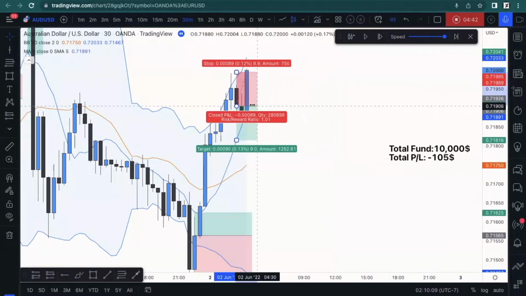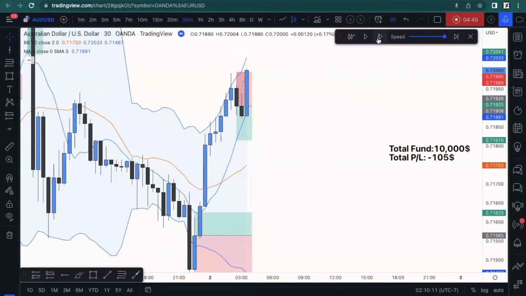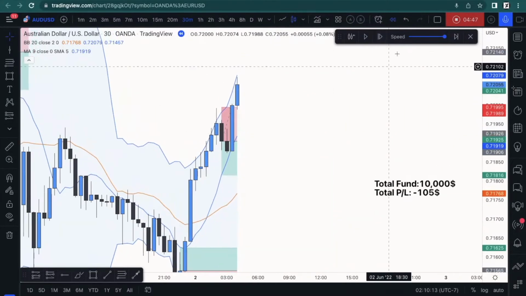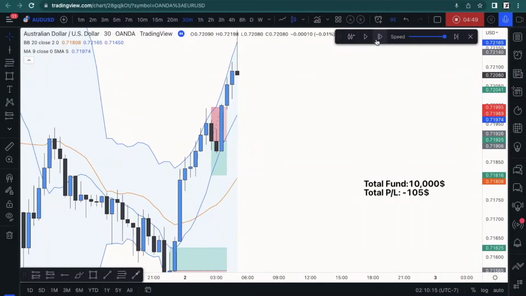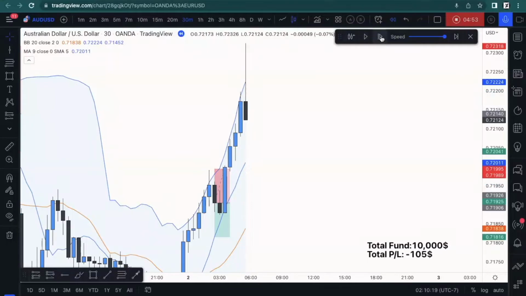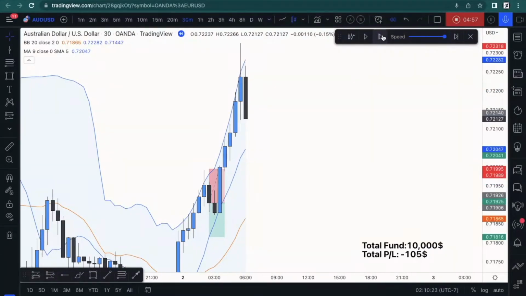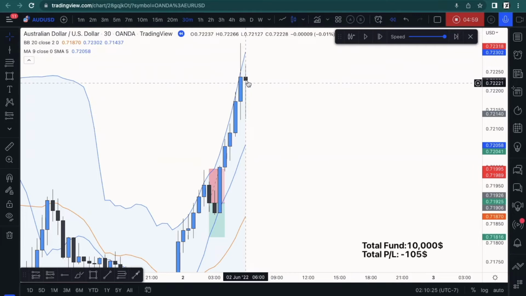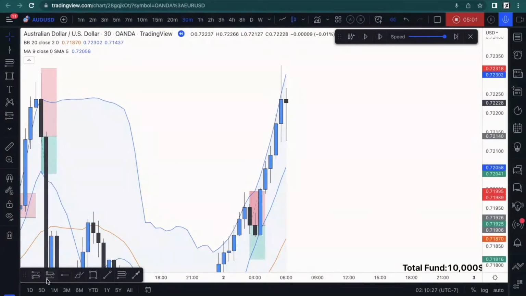Okay, all right, let's keep on backtesting. All right, price does range. Okay, we can clearly see price is ranging outside the Bollinger Band, and it closed inside it. So let me take our entry here.